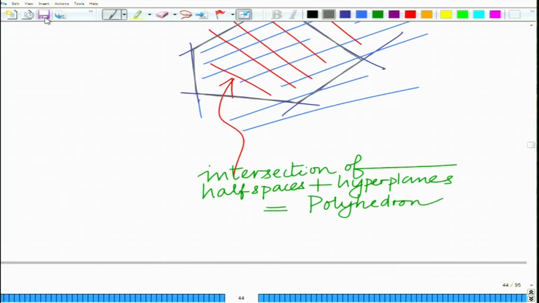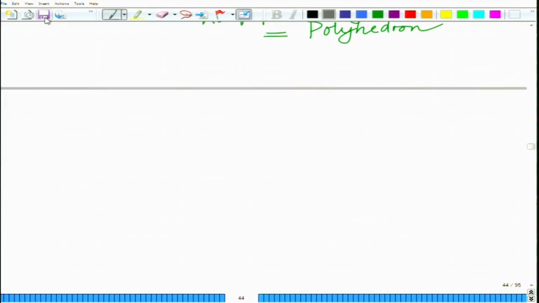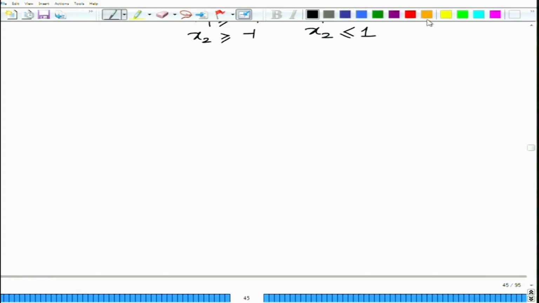And for instance, you can take a simple example again. You can consider the polyhedron formed by these 4 half spaces, that is x1 greater than or equal to -1, x1 less than or equal to 1, x2 greater than or equal to -1, x2 less than or equal to 1, and if you look at that region, that is something that everyone will immediately recognize.